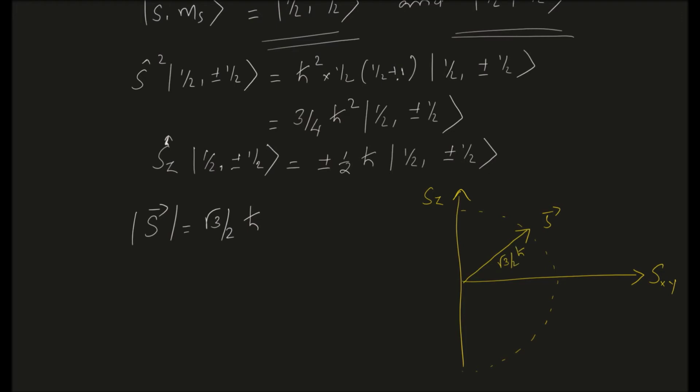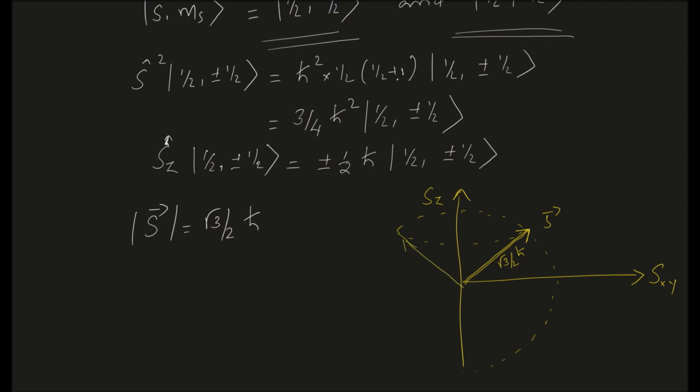And we have seen that we can imagine it as rotating along the surface of a cone. So this one is actually a part of a cone. This spin vector can be anywhere on the surface of this cone.